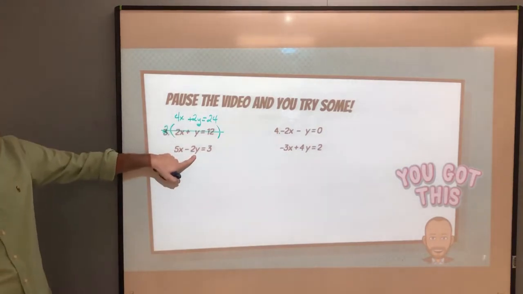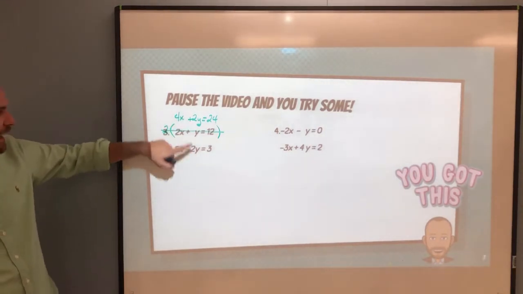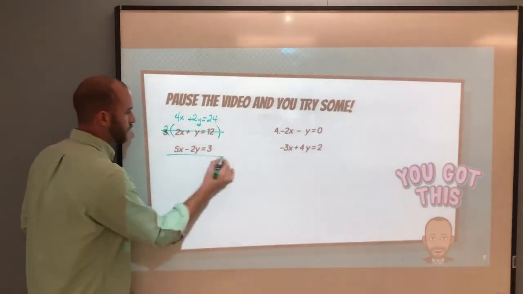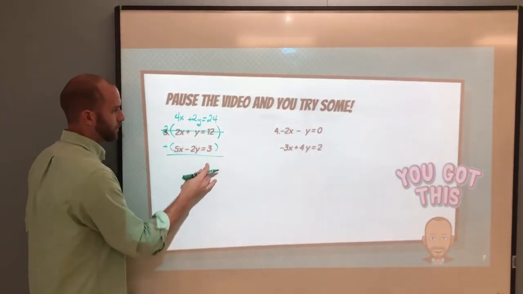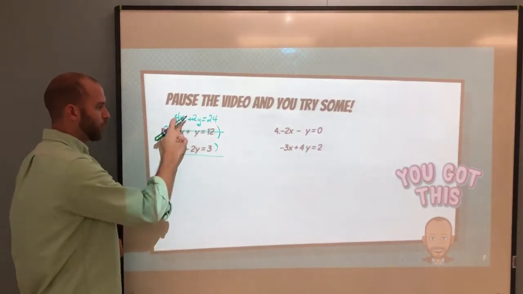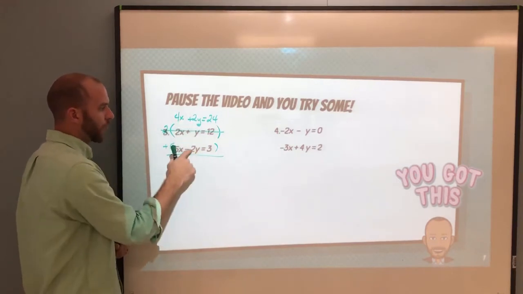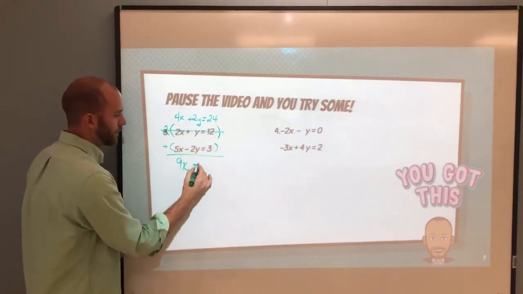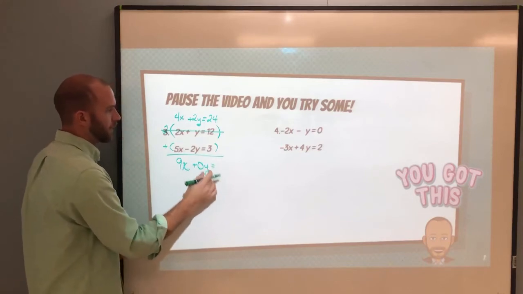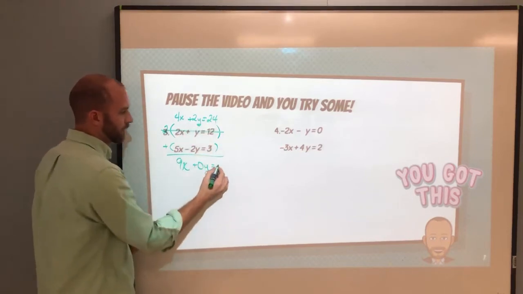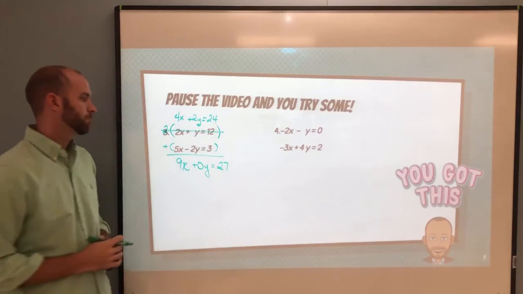Now if I look at my y's, we see they match. We could just add these two together and it is going to eliminate the y variable. So 4x plus 5x would give us 9x. 2y minus 2y would give us 0y. And then 24 plus 3 would give us 27.